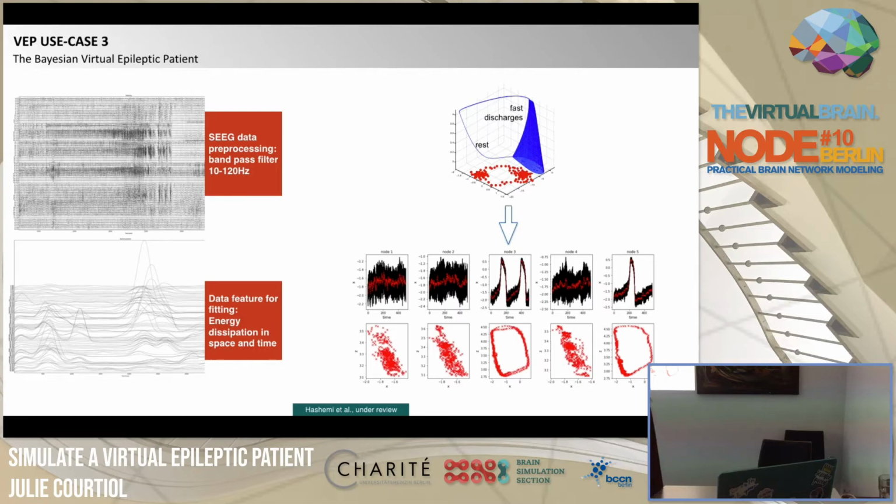The third use case is the Bayesian virtual epileptic patient.